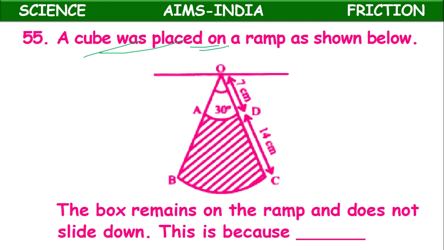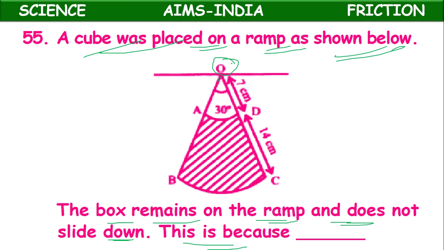A cube was placed on a ramp as shown below. The box remains on the ramp and does not slide down. Why is it not sliding down?